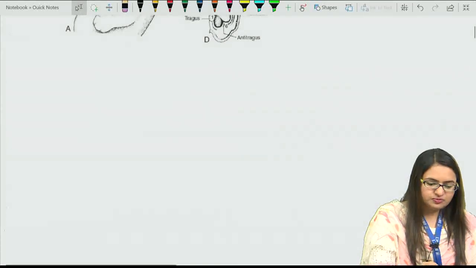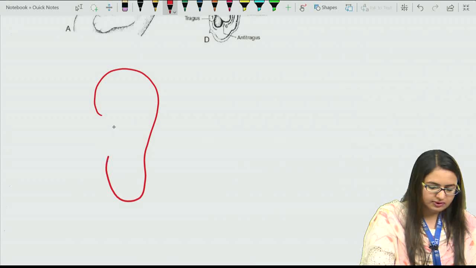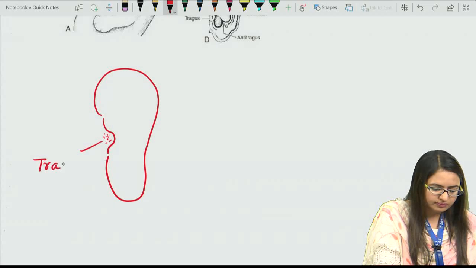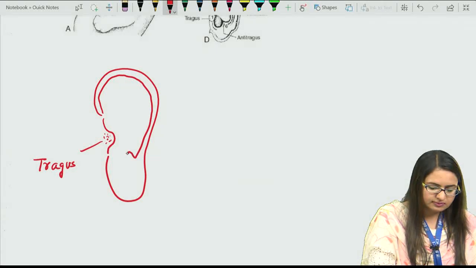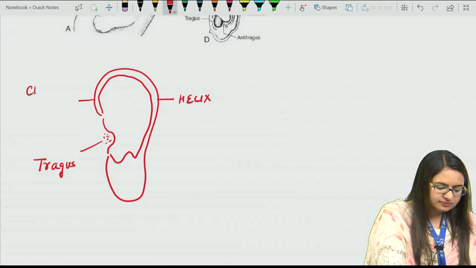And when we talk about the various portions of the ear, if this is the ear, towards the medial side of the ear we are having the tragus. This is the tragus. And towards the outer side we are having the helix. This is the helix portion. This is the crus of helix.